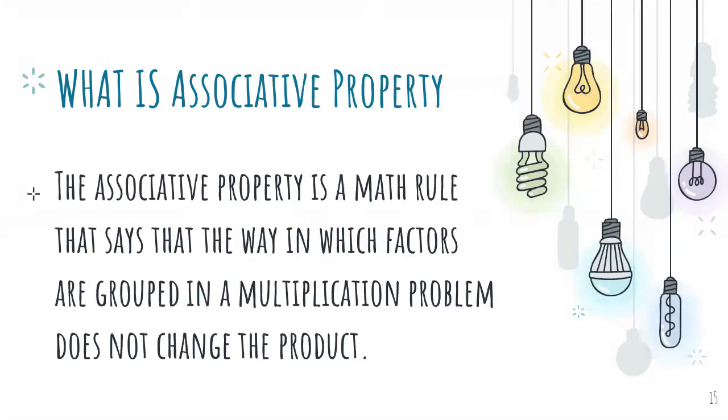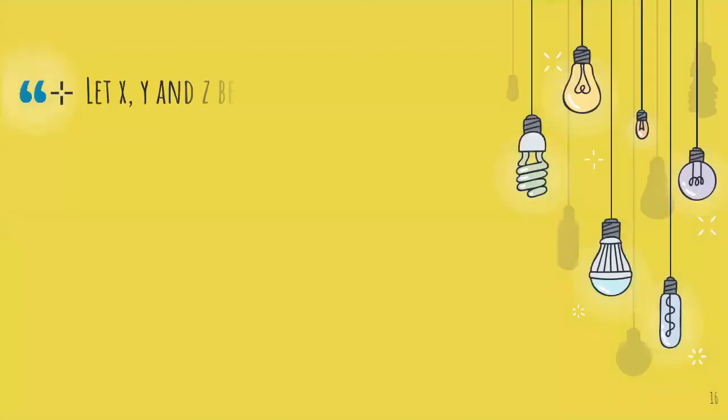Second property, associative property. The associative property is a math rule that says that the way in which factors are grouped in multiplication problems does not change the product. Let's take x, y and z to be any three integers.